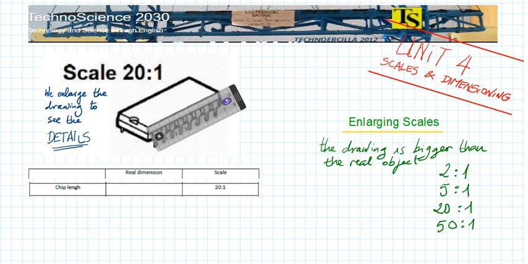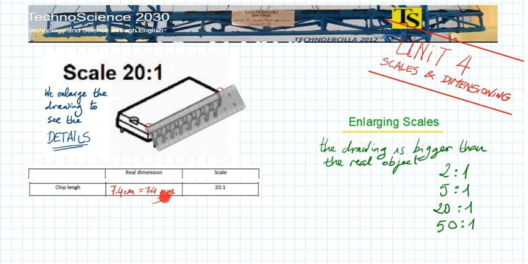When you do the reading here, you match the zero here and read here that it is 7.4 centimeters, which is 74 millimeters. It's better to express in millimeters because we are talking about very small objects. When you work with chips that are very small, it's better to work with millimeters.